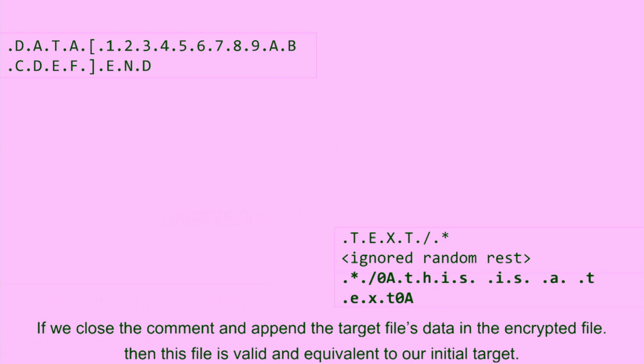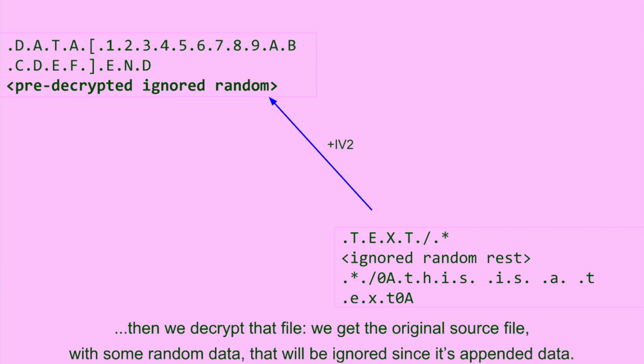Now, if we take this file and we actually close the comment, we just append data and the original data, then this file is correct, and it's equivalent to the initial file we wanted to have as a result after encryption. Now, if we actually just decrypt with the same initialization vector, we get back the initial blocks, because these blocks were just depending on the first blocks, not on the next blocks.